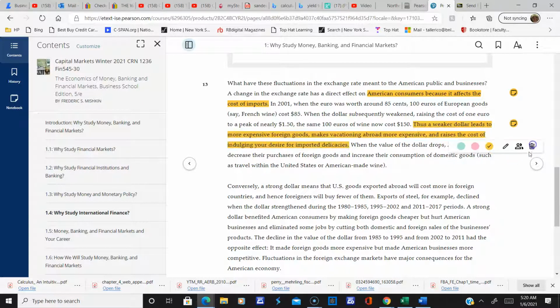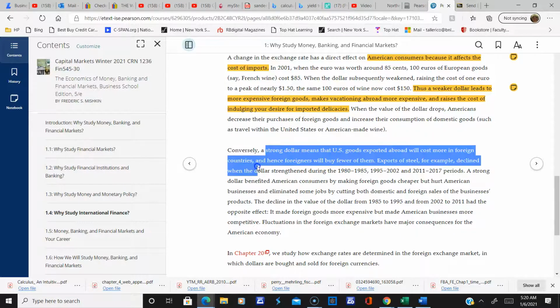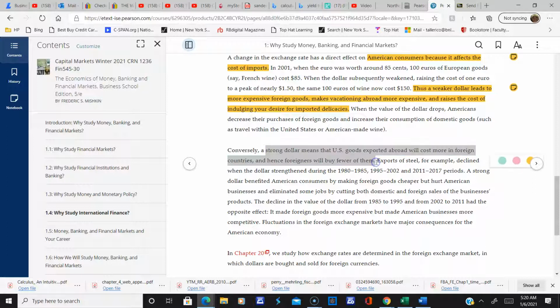When the value of the dollar drops, Americans decrease their purchases of foreign goods and basically buy domestically. And vice versa, a strong dollar means that U.S. goods exported abroad will cost more in foreign countries, and hence foreigners will buy fewer of them. So it affects exports, right?